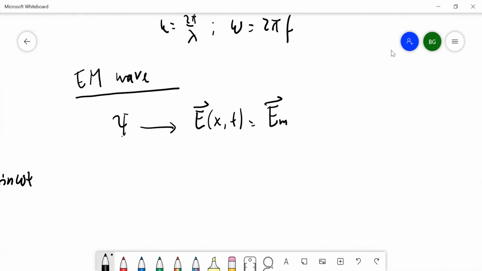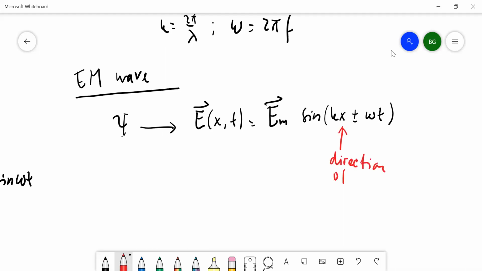The amplitude, for example, is minus sinus kx plus minus omega t. Okay? So x here is the direction of propagation. Yes. X is the direction of propagation. And this is the amplitude.